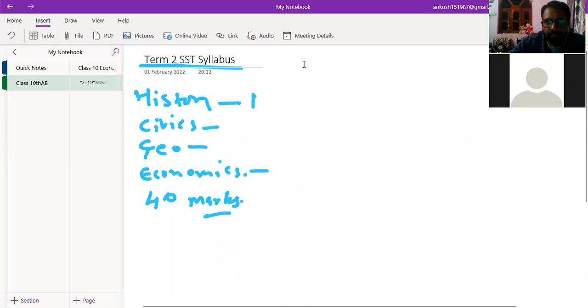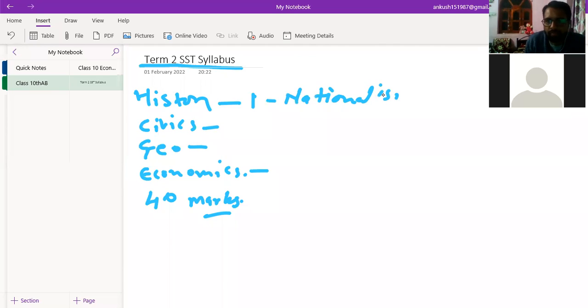Yes, sir. Partially. One chapter only is coming there, and that is Nationalism in India. Second is civics.